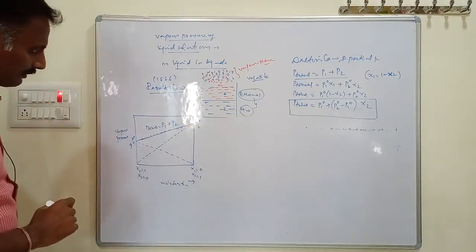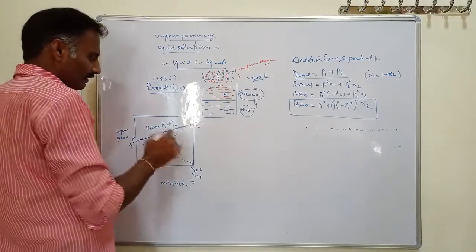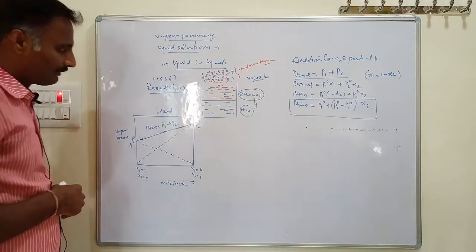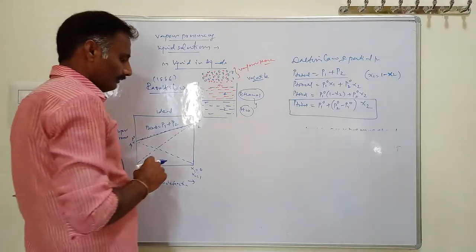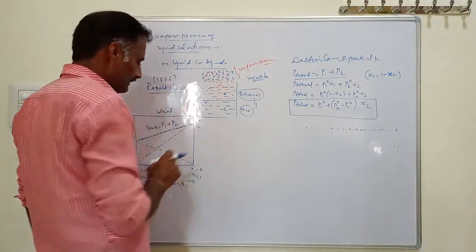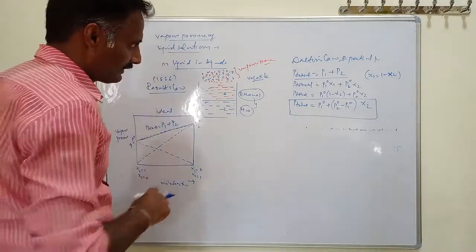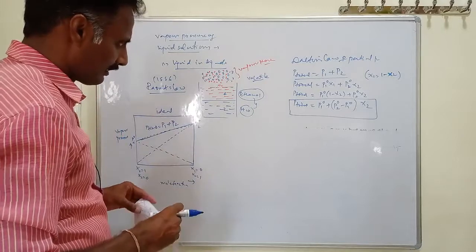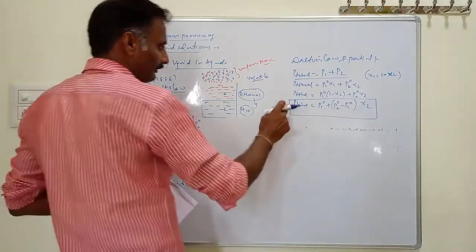This is about ideal solutions, and ideal solutions obey this type of behavior. Then by using this expression, we have three conclusions. What are those three conclusions we are drawing from this expression?